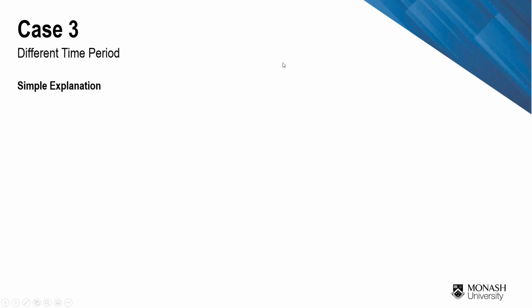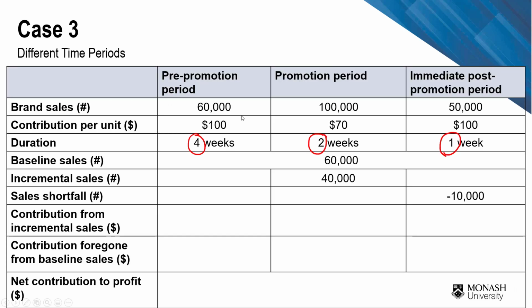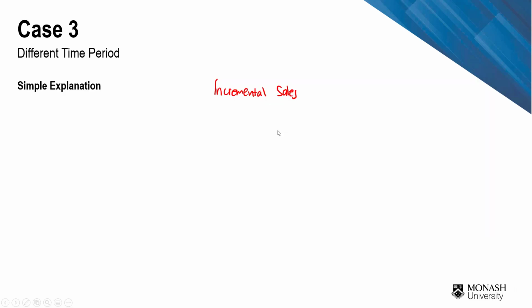Okay, so again, I probably do not have to draw the graph again, but the first one is how are we going to work out our incremental sales? If you remember, because the figures are the same as the previous case 2, we know that our incremental sales is $2.8 million.